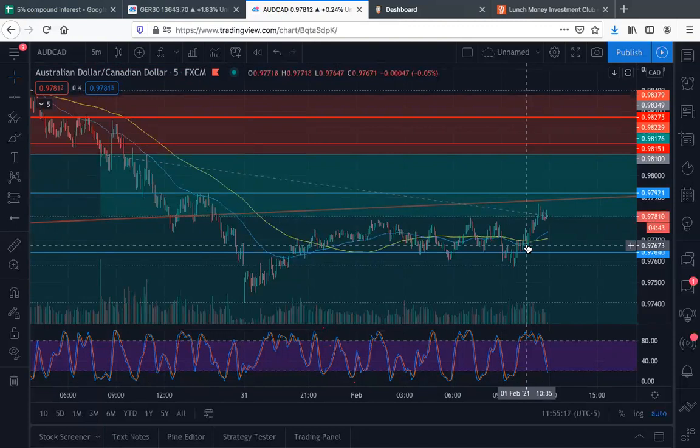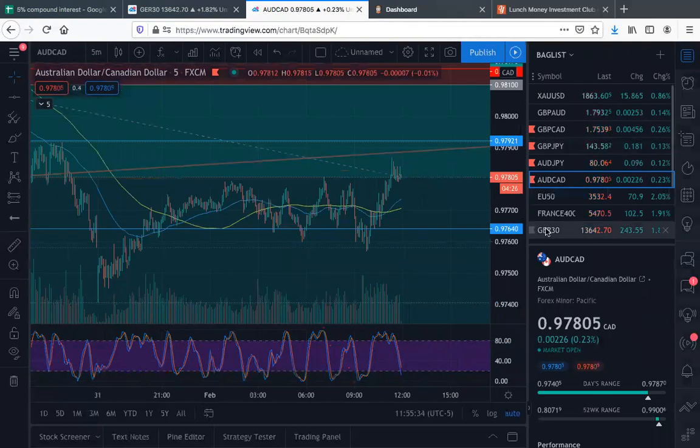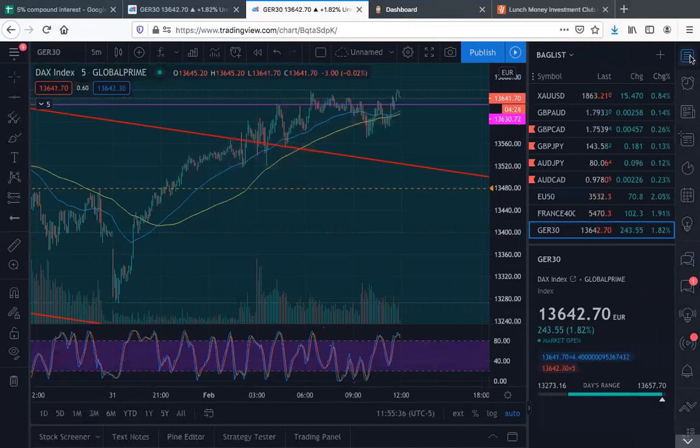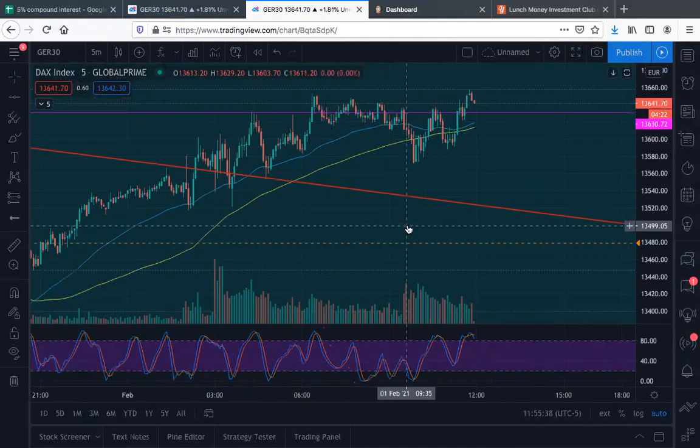Already in profit on some of the ones that we marked up, but I don't think that these bearish moves are over yet. This could be a bearish week across the board, like from the JPY 30. Don't even know how I forgot to talk about that one. But this one, we're definitely talking bearish.